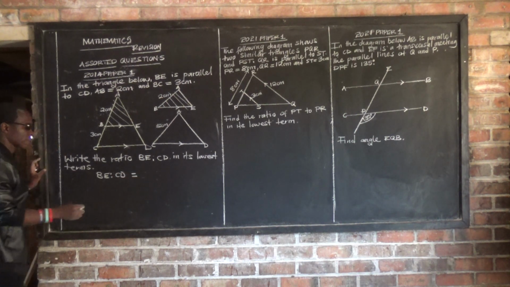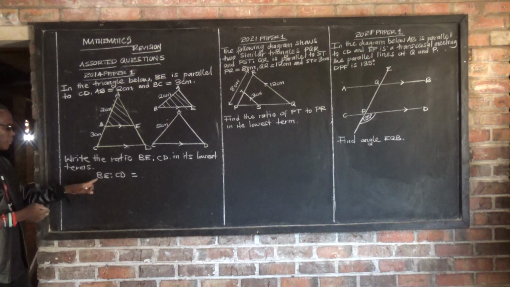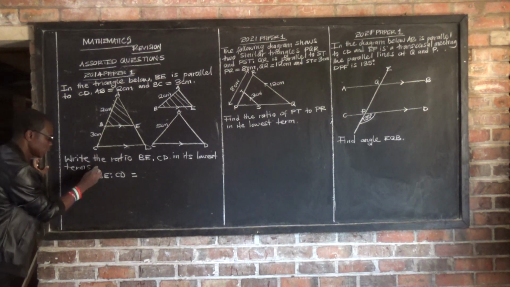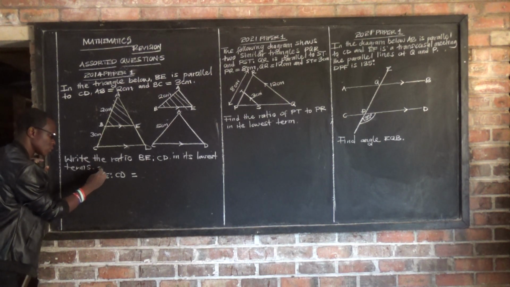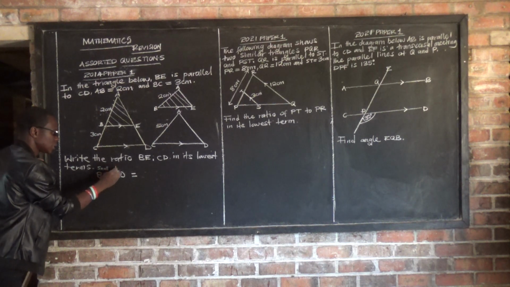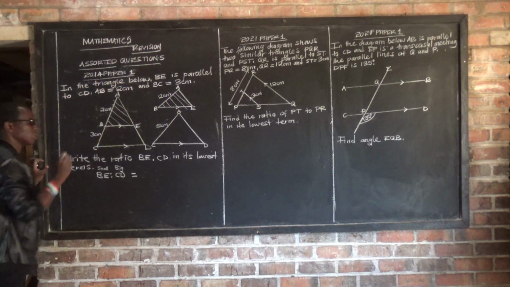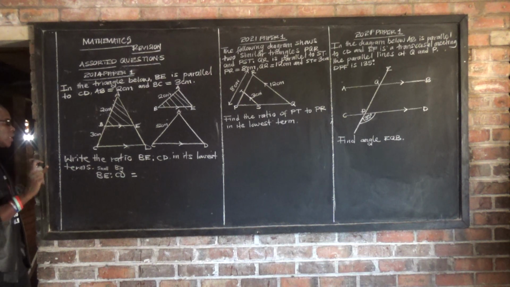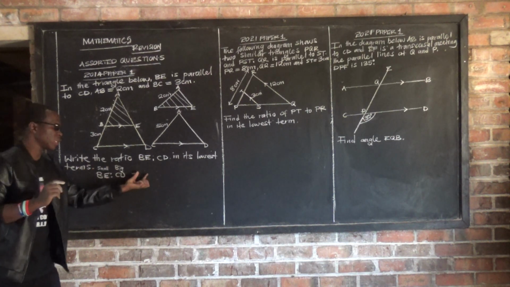Now, BE is from a small triangle, so this is small, and this is big. So first we're going to identify a small side which we have.